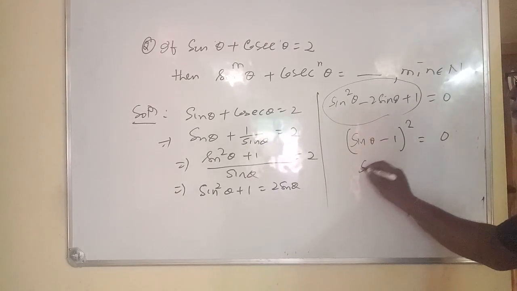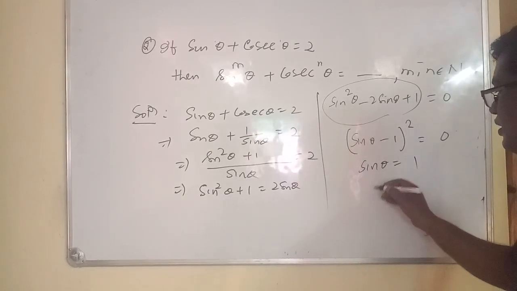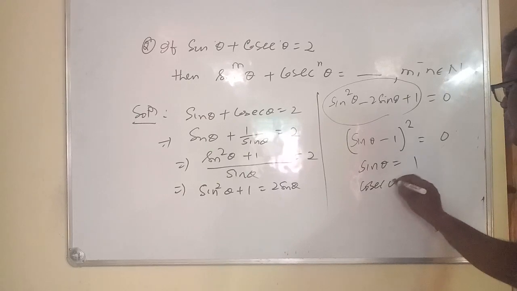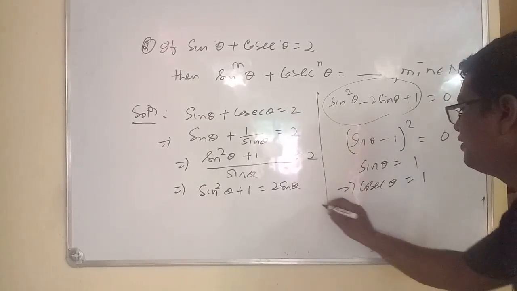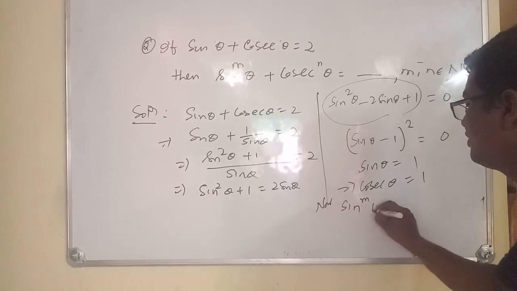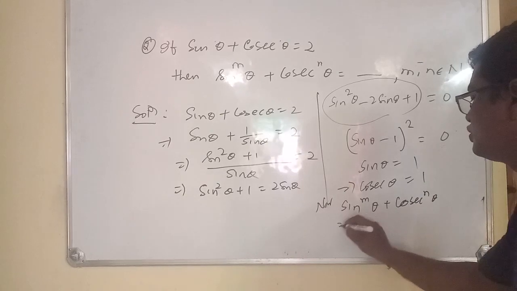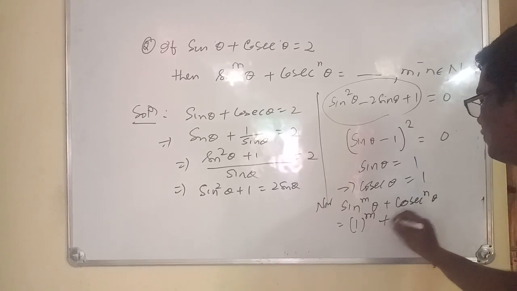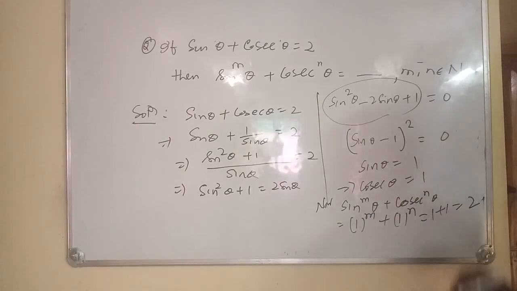That implies sin theta is equal to 1, and cosec theta is also 1. Now sin m theta plus cosec n theta means 1 to the power m plus 1 to the power n, which is 1 plus 1 is equal to 2.